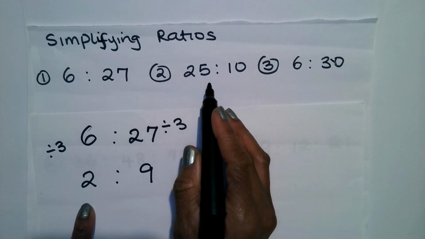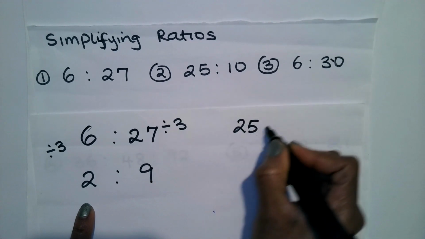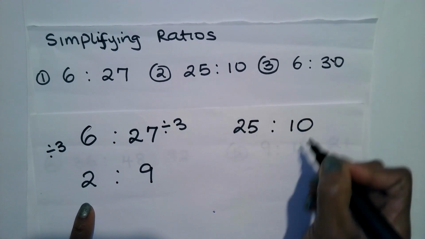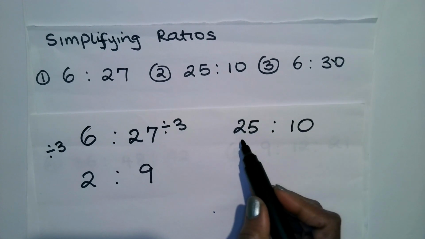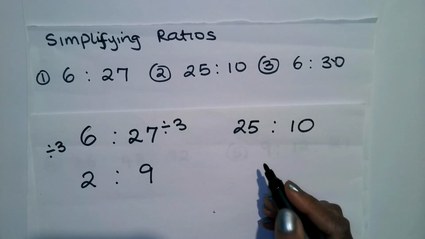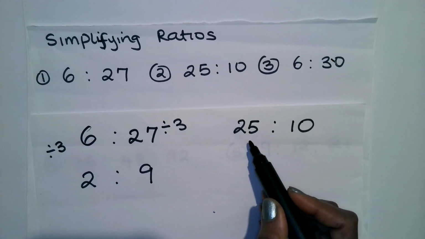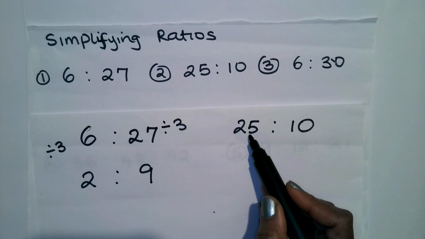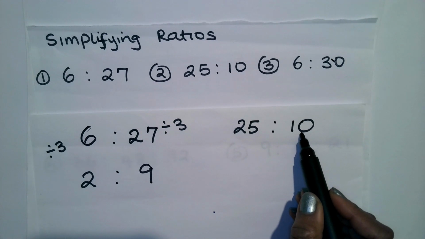Now let's look at question number 2. 25 is to 10. We're going to look for a number that has got these two numbers in its times table. We know that in the 5 times table, 25 is a multiple of 5. 10 is in the 5 times table as well.